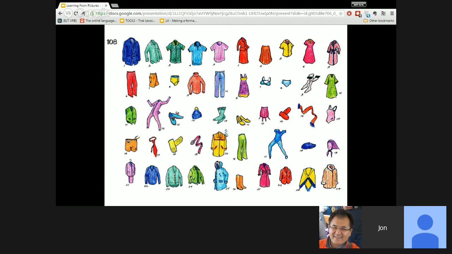I'm not going to say that it's yellow, because I don't want to talk about that particular raincoat. I want to explain the concept of raincoat. So I might say, you wear it in the rain, you wear it over your clothes, you can buy really cheap ones in the supermarket, or you can buy really expensive ones. What am I thinking of? And you'd say, oh, it's number 20, it's a raincoat.